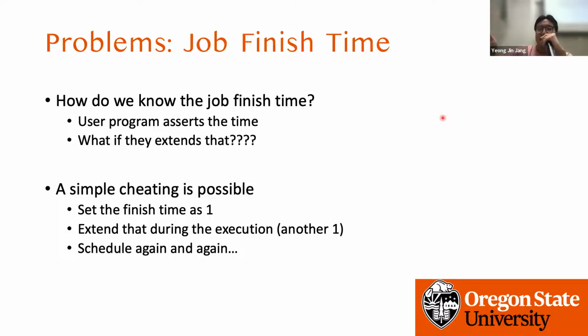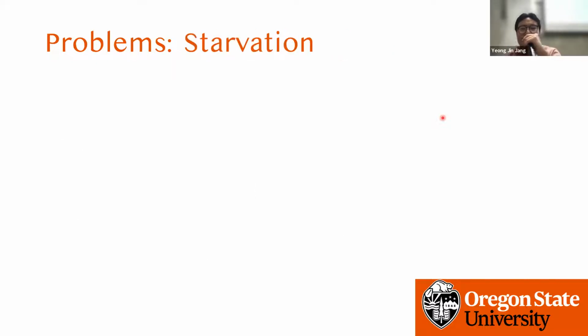But in that case, one process could come in saying that it is just a 1 second job, and then right before finishing that 1 second, try to extend it. Then that's another 1 second job scheduled, and it extends again and again. So that is related to the starvation case. Let's take a look at that.